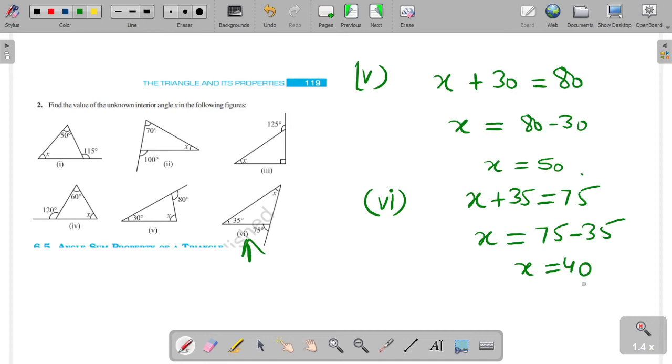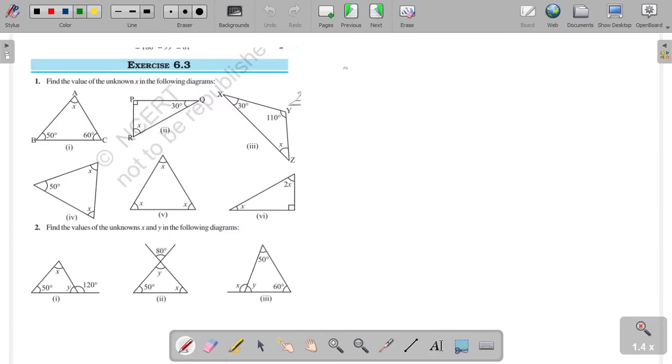Now we move to the next exercise, 6.3. This is related to the angle sum property. Angle sum property means the sum of the three angles of a triangle is 180. Question number 1, first part: x plus 50 plus 60 equals 180.